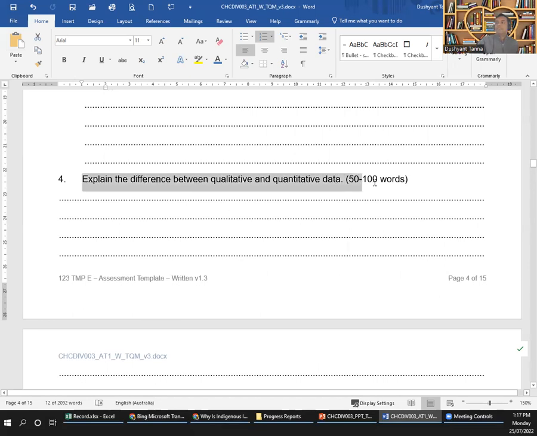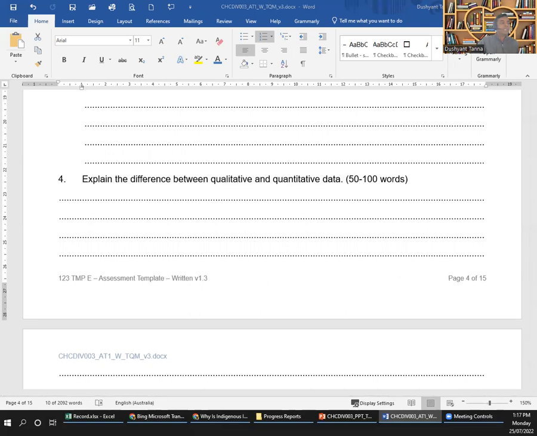We already covered the difference between qualitative versus quantitative data. Qualitative is that which can be expressed in terms of words. Your personal choice, anything expressed in terms of words, it's qualitative. Quantitative is the one in terms of numbers. For example, how old are you? When did you come to this training?